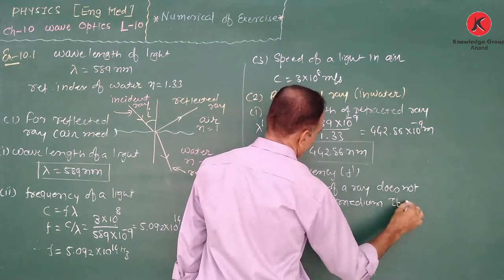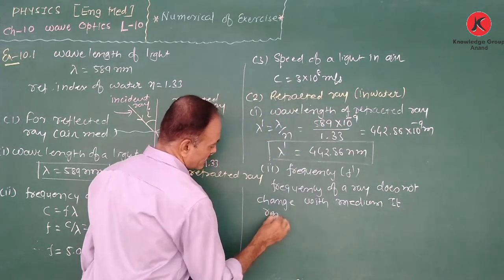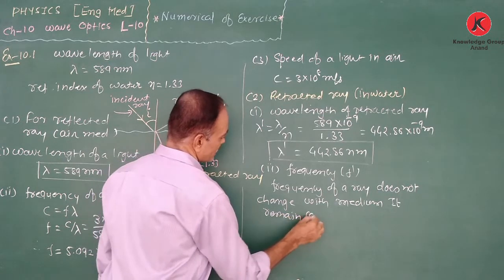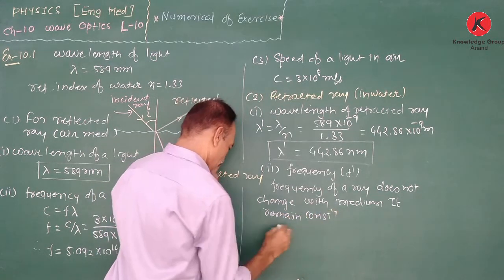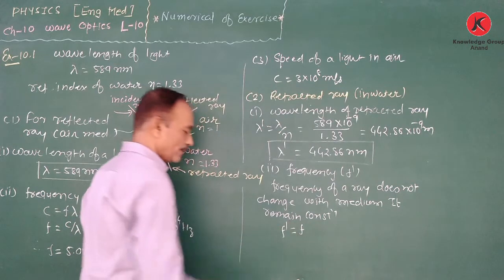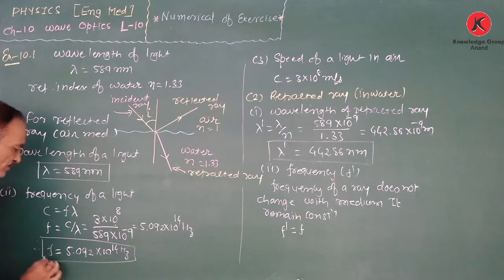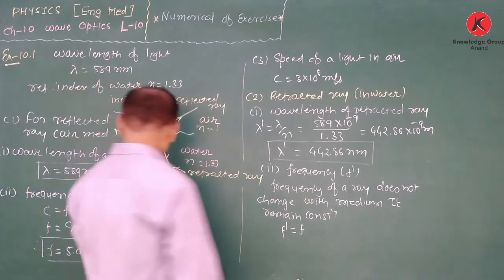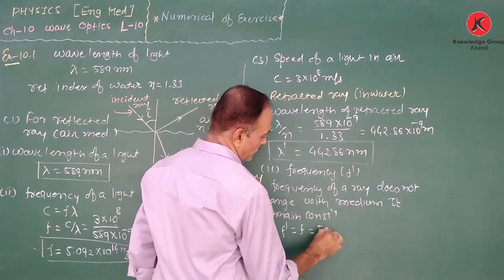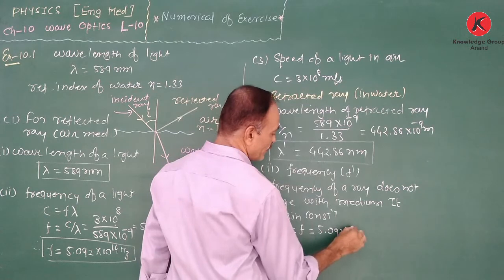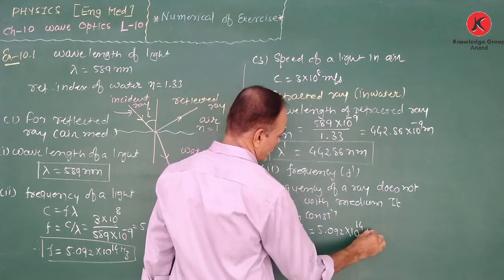It remains constant. Therefore, f dash is equal to f. What frequency did we obtain? This, 5.092 into 10 to the power 14 Hertz.